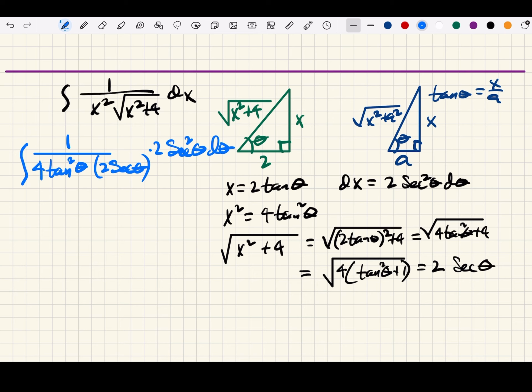Did we get, hopefully at this point, somewhere along the line. Okay, so I think we get some 2's canceling and a secant canceling, don't we? So we get the integral of secant theta over 4 tangent squared theta d theta.